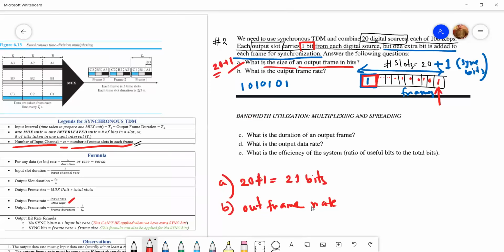So our output frame rate is going to be the input rate, and our input rate was 100 kbps. That means 100 kilobits, which in bps is 100,000 bps, divided by the multiplexing unit of 1, so those are the same.